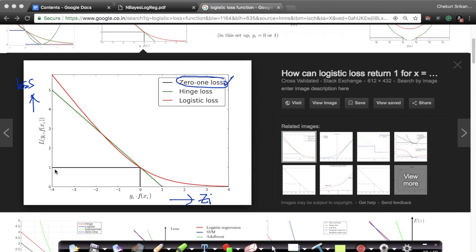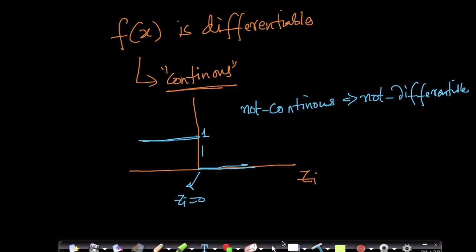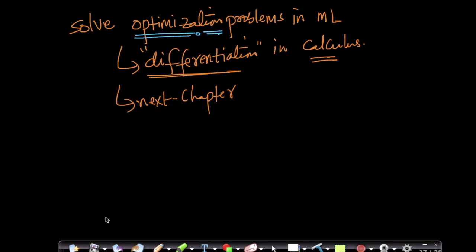Whenever it is negative, it gives you a value of 1. But this is not continuous because it suddenly drops here, right? People said this is not differentiable, and we need functions to be differentiable, which means we need them to be continuous to start with.